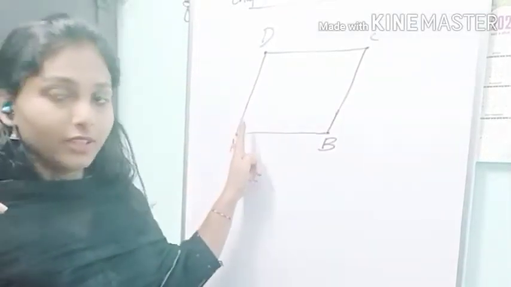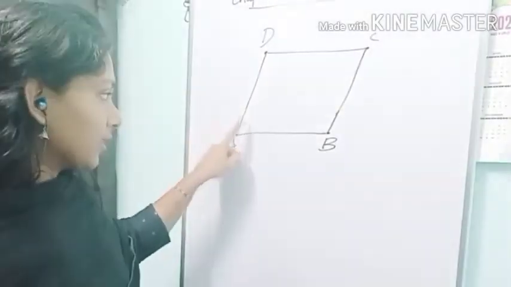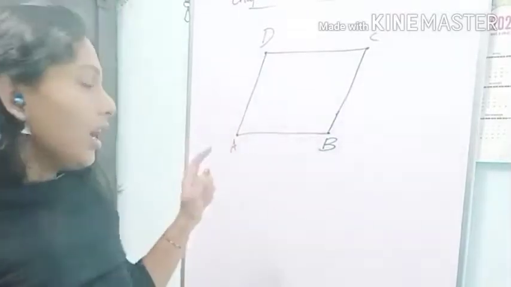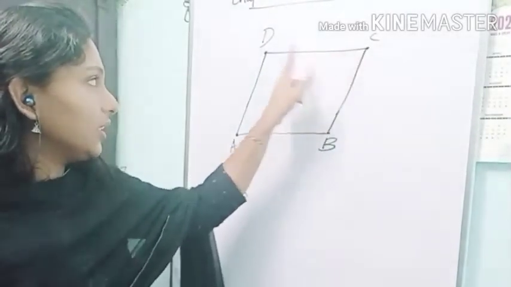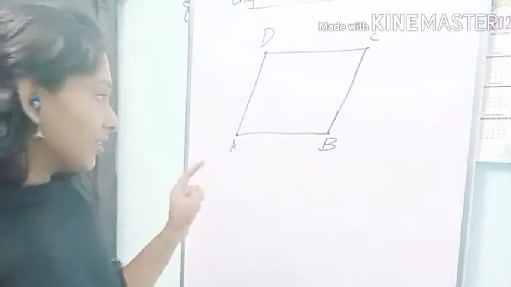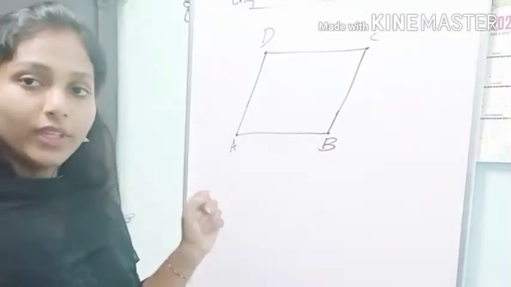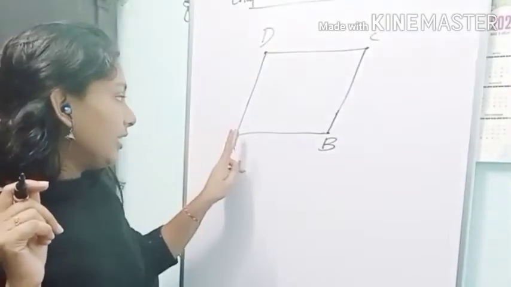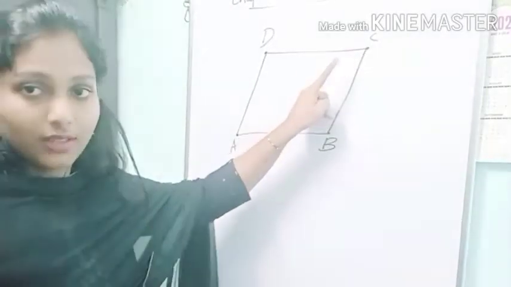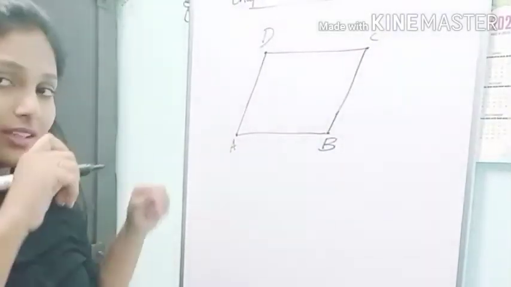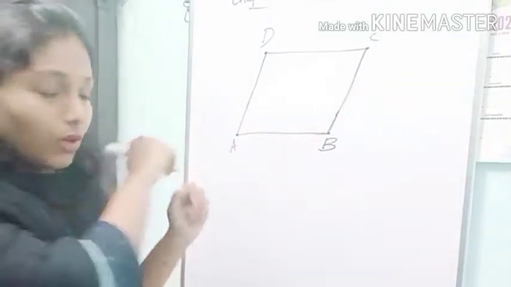Okay, look at the figure. This is a quadrilateral, four sides: one side, two sides, three sides, four sides. And how many vertices? Four vertices, A, B, C, D. And angles: angle A, angle B, angle C and angle D. Then I draw a diagonal from A to C. It is a line known as a diagonal, from one corner to its opposite corner.